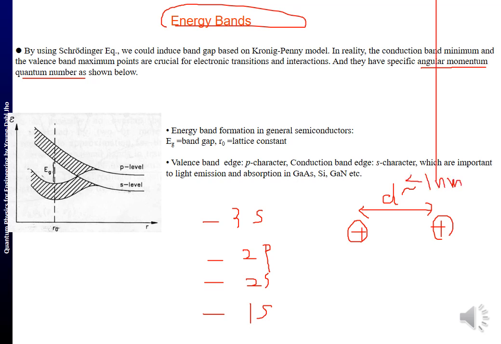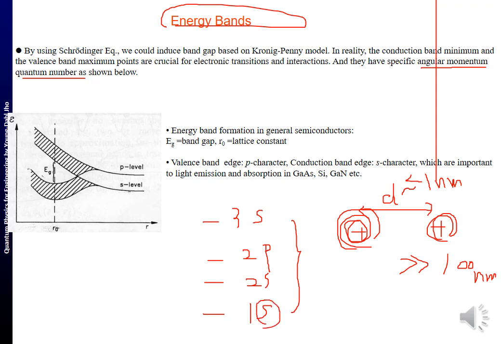Okay, but when they are separated very far, for example, more than 100 nanometers, then atomic bonding we can ignore. Okay, then this atom is isolated, we can say. Then we have these discrete energy levels of electrons.